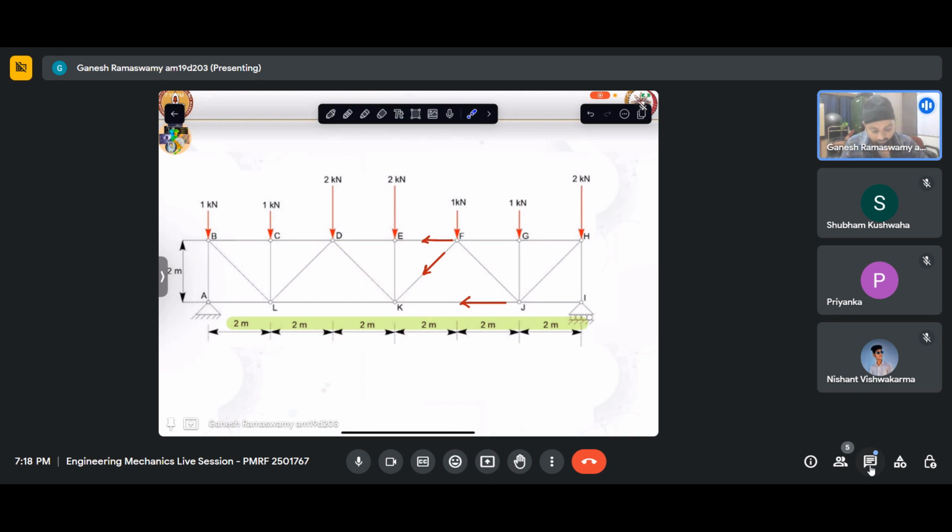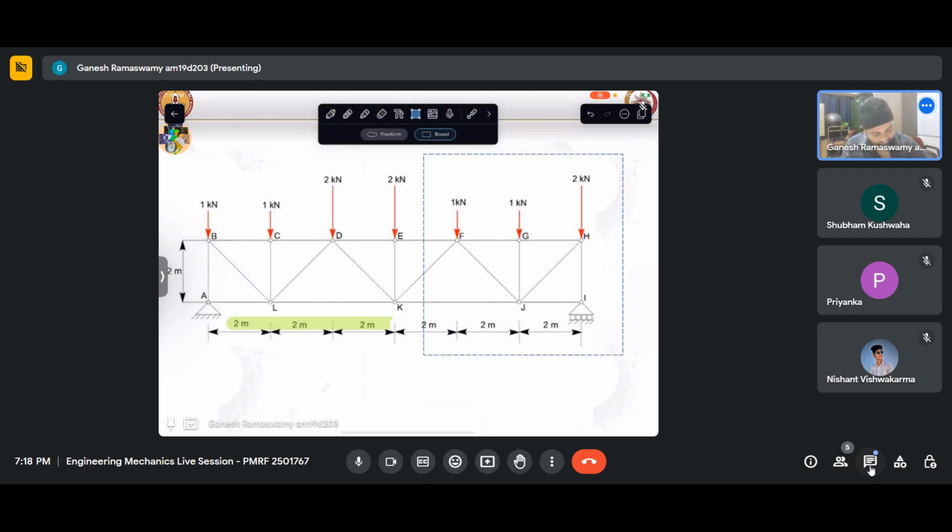Now I am able to see that if I take moment about K, this will not have a contribution. KJ will also not have a contribution, but EF will. And EF is the force that I want to find out. So this will be beneficial for me. So in that case, let us go about taking a section like that and solving it. So let me take a section like that.